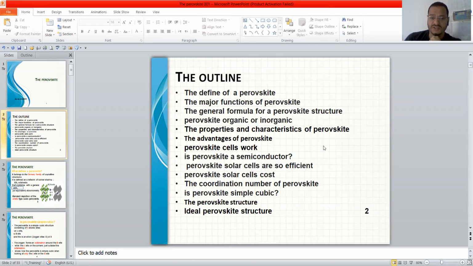We will focus on the general formula of the perovskite structure. Is it organic or inorganic? Does it belong to N-type or P-type? What about the properties, the advantages of this topic, how the perovskite cell works, and many important titles like that. Let's start.